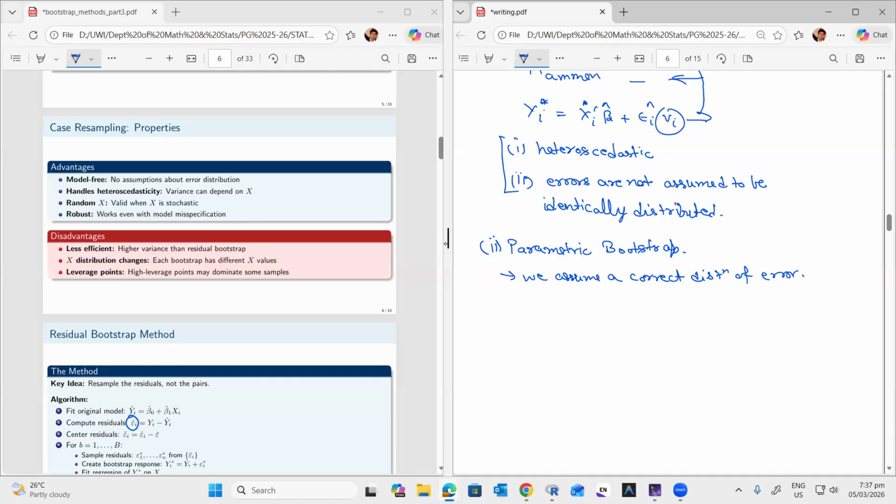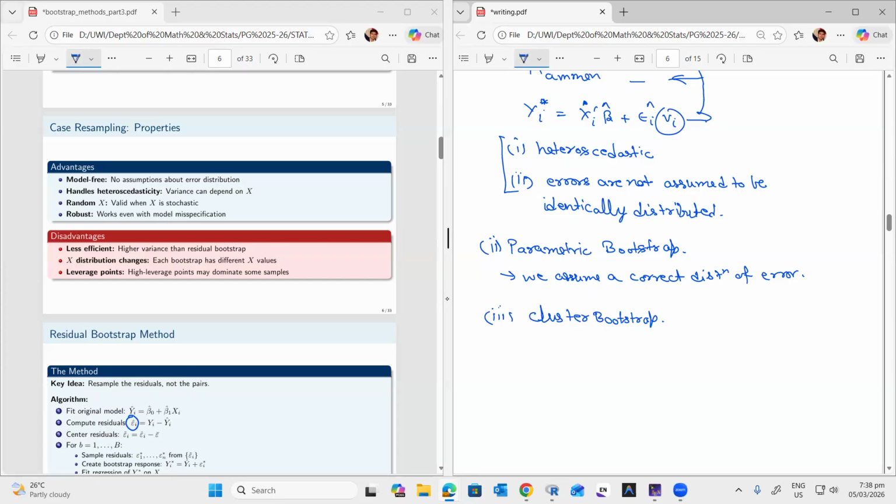After that we have two more bootstrap methods. The third one is the cluster bootstrap method, which we use for clustered or time series data. We resample the clusters or the blocks instead of the individual observations.